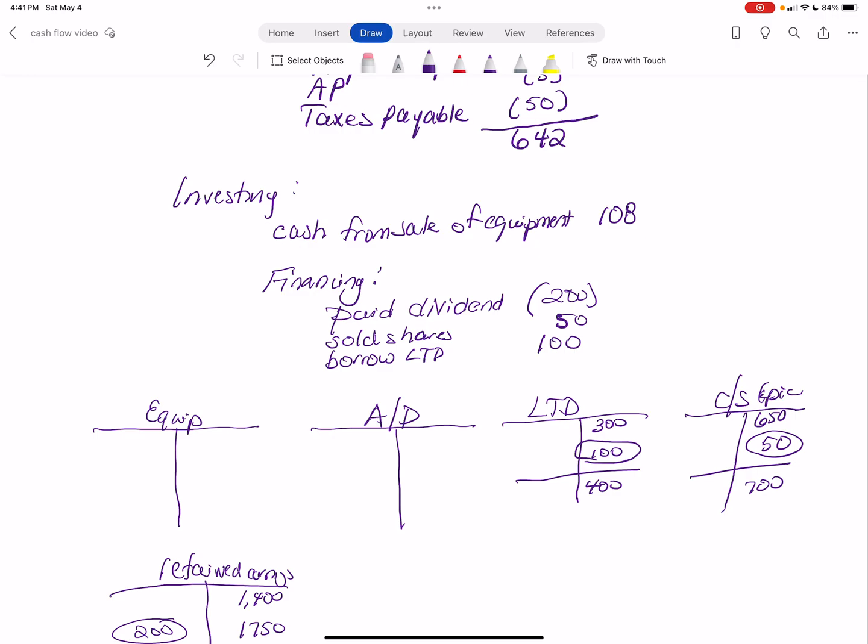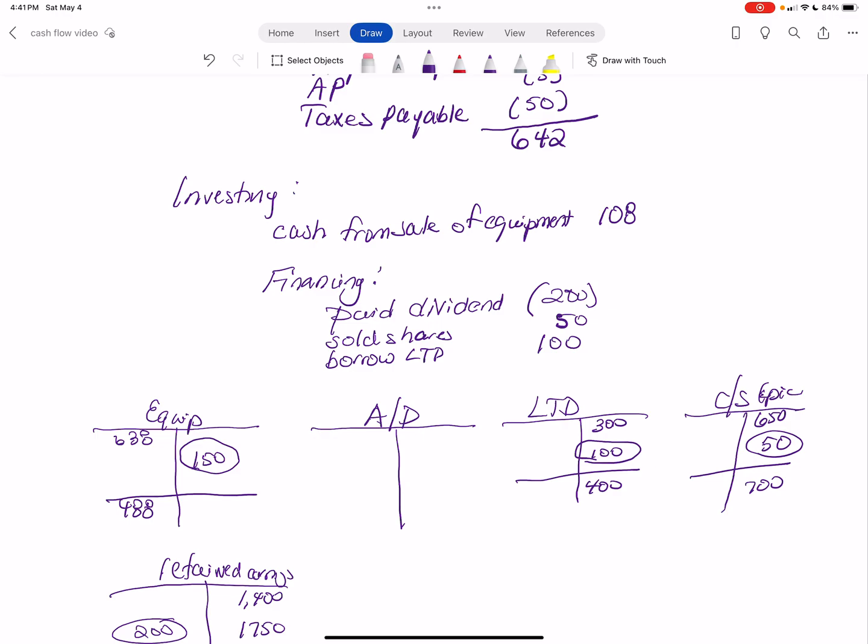So let's double check to see if we've taken care of everything in equipment. It started with the beginning balance of $638. It ended with an ending balance of $488. So that, oops, I've got it on the wrong side. So that says that it had a decrease of 150. I'm going to circle that for now because I'm assuming it has to do with the sale, but let's double check.